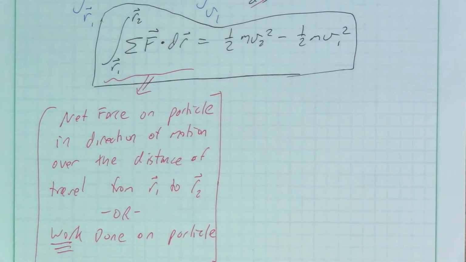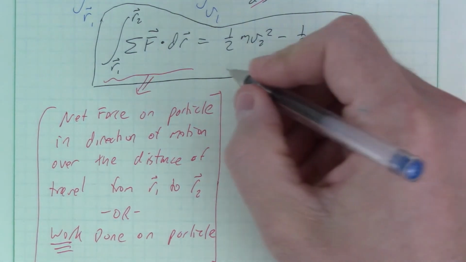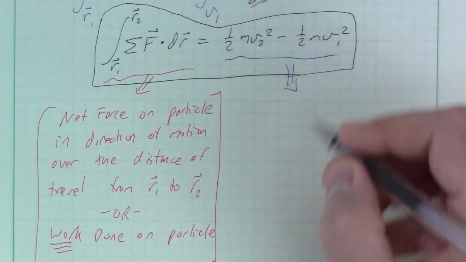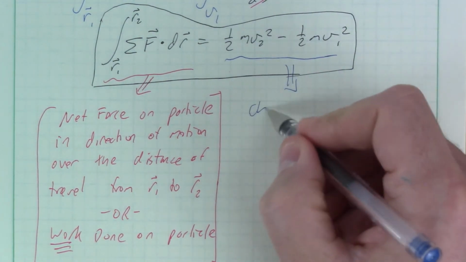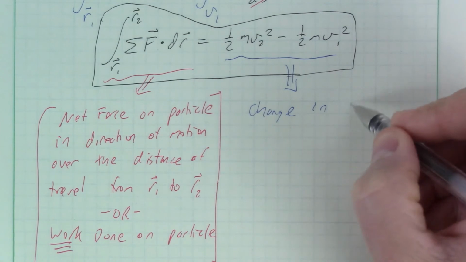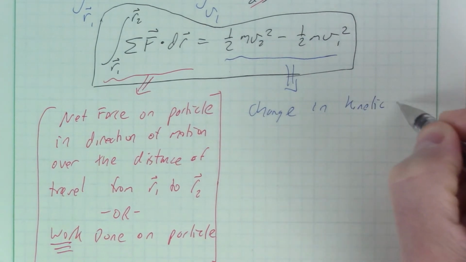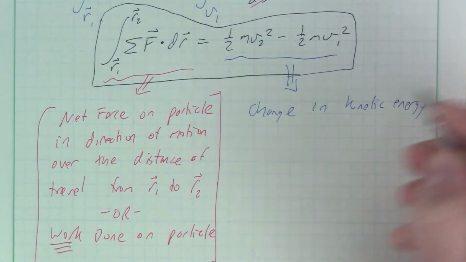So the forces being applied over a distance is the work. The other side of the equation is now the change in kinetic energy, from position 1 to position 2.